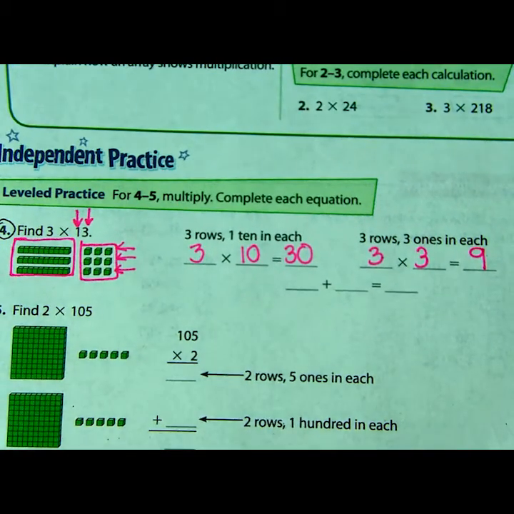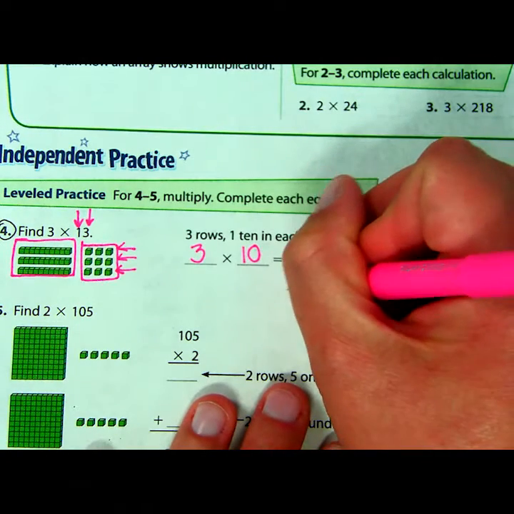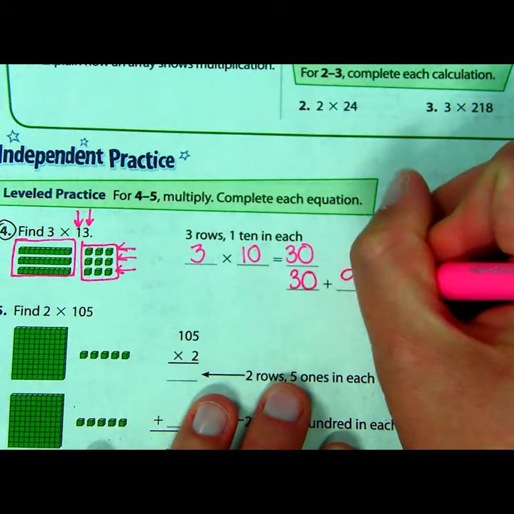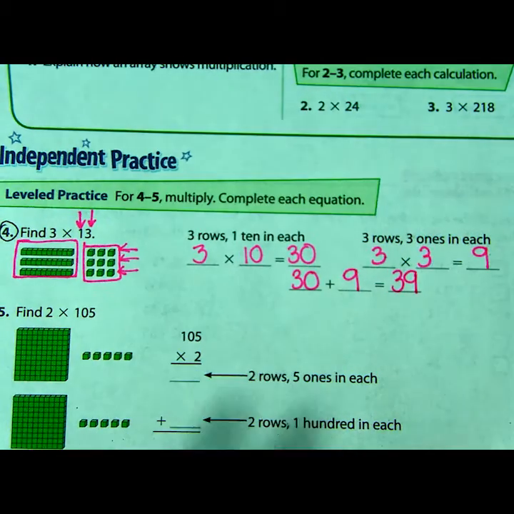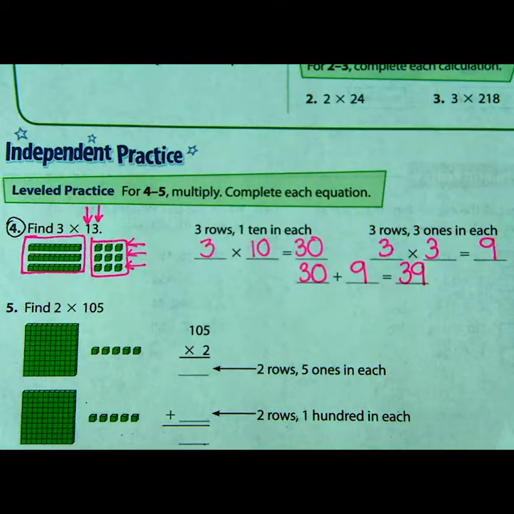So we can take those two partial products. We don't have the full product yet, and we can add those together. 30 plus 9 is equal to 39, and now we know the answer to 3 times 13.